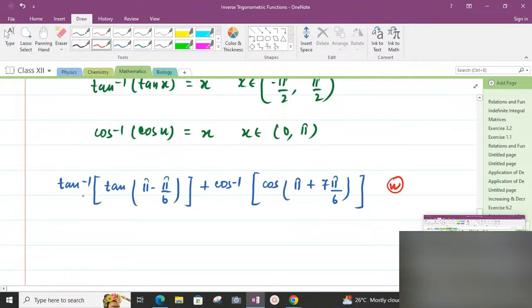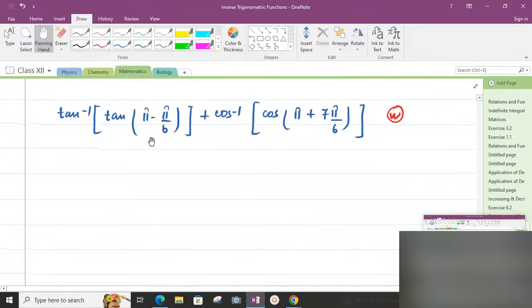So let's see what the next step will be. We know that tan of pi minus theta equal to minus tan theta.